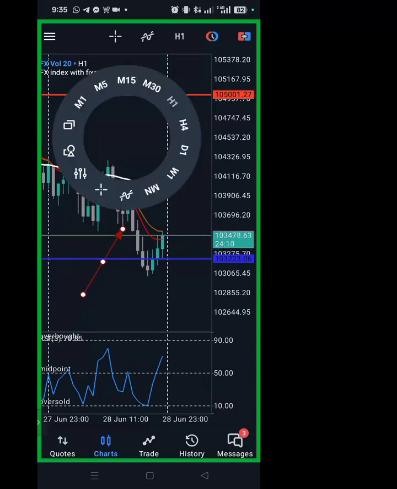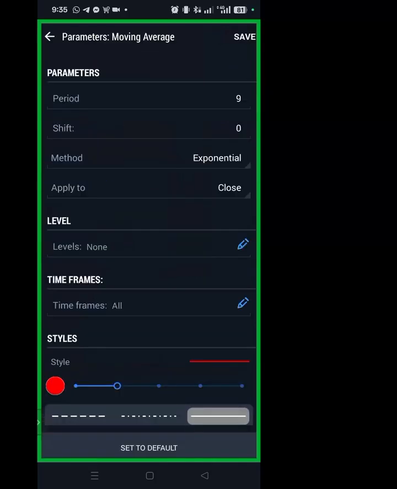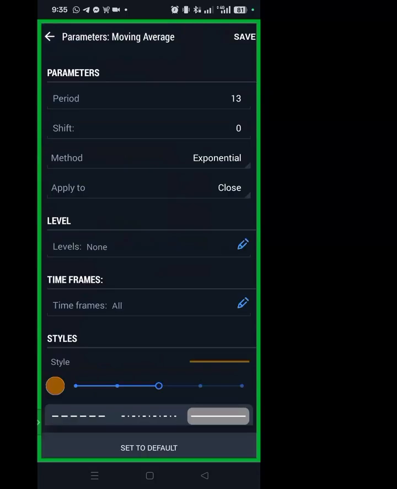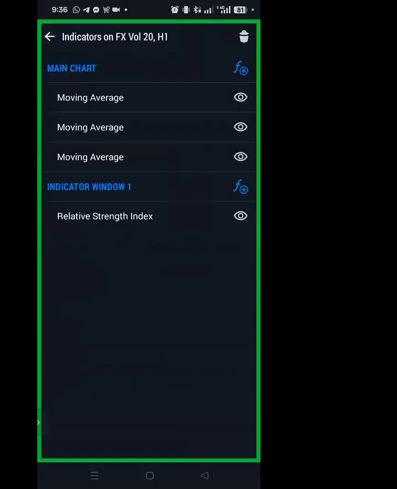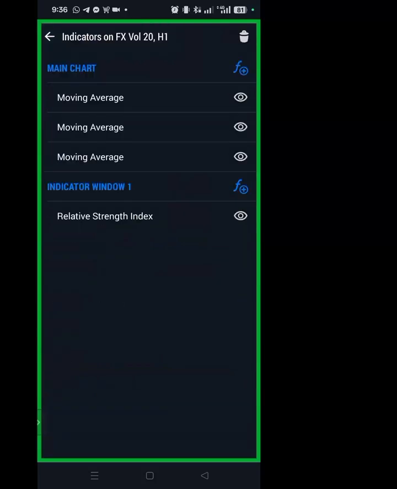You click on this icon. These are the moving averages. The first one here is 9, which is red. The second one here is 13, which is gold, and the exponential close. And then the next one here is 50. You can also add 200, but I decided to just leave it here.